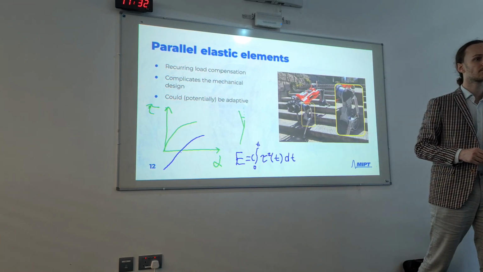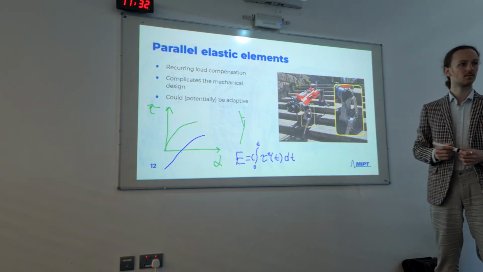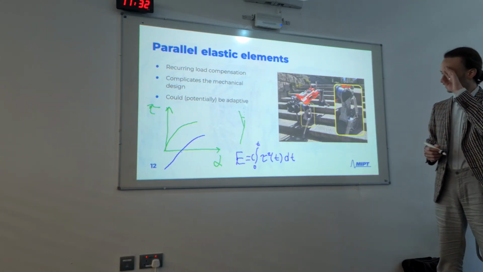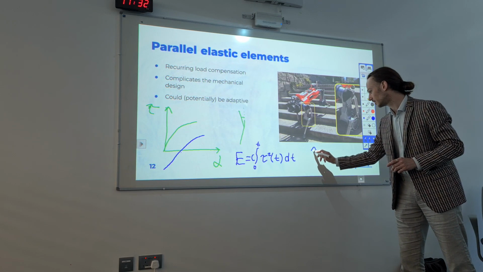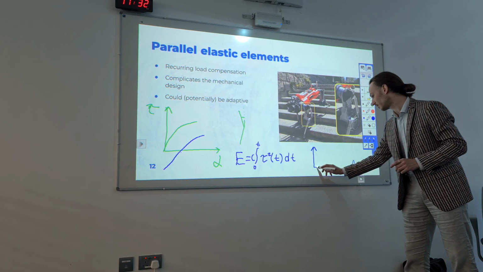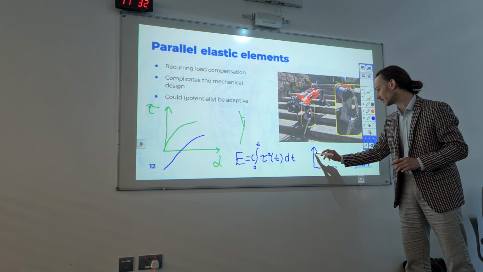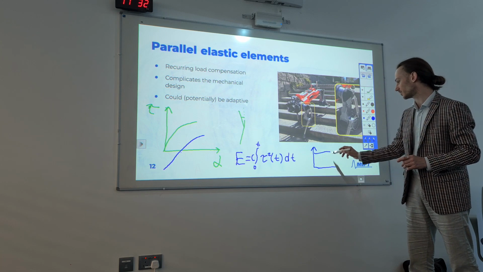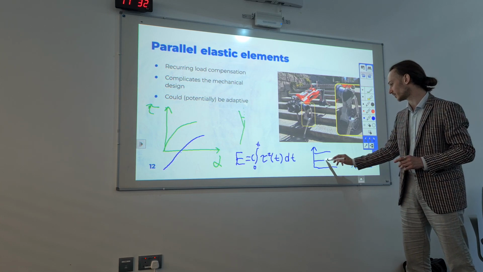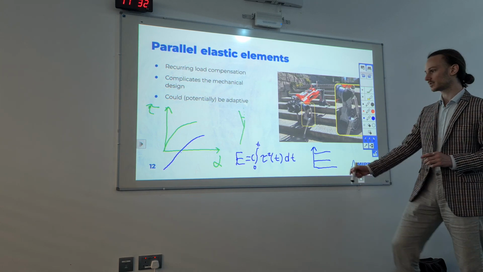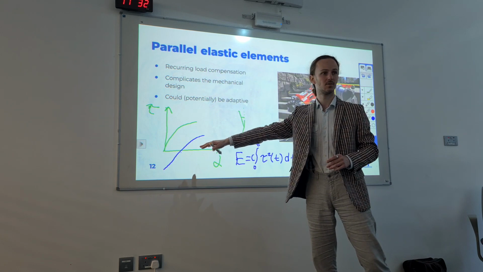Let's consider a separate example. The integral of the square of this function is greater than the integral of the square of this function. And here it's pretty much the same.